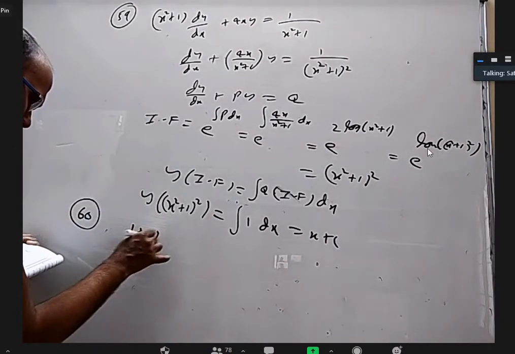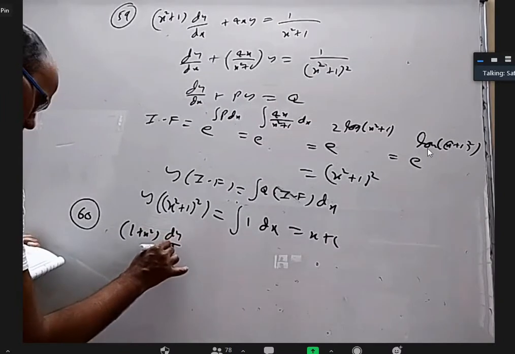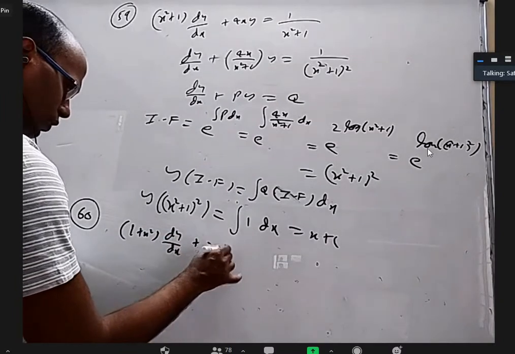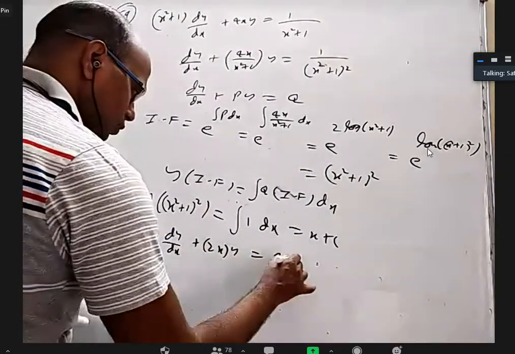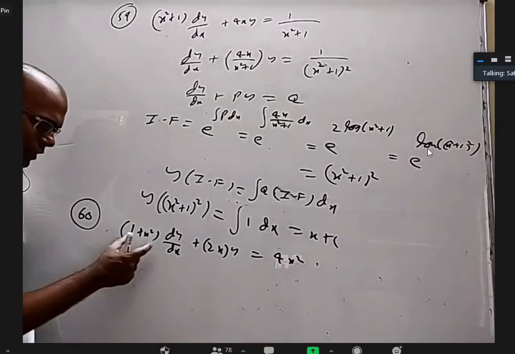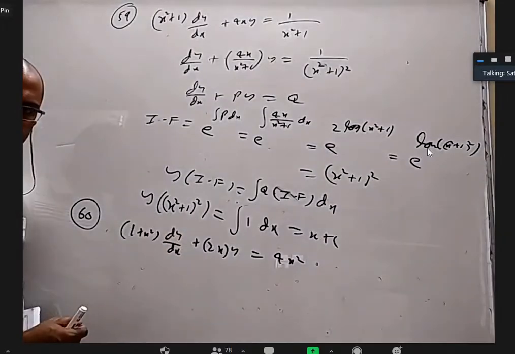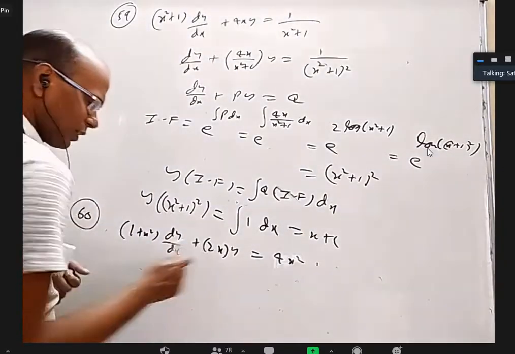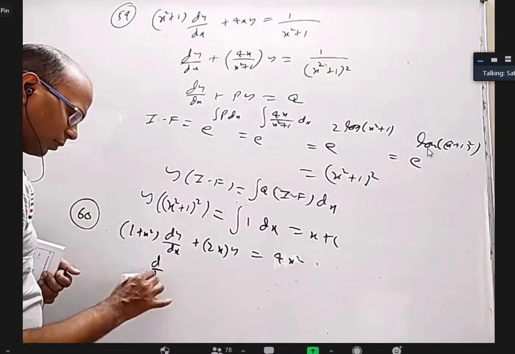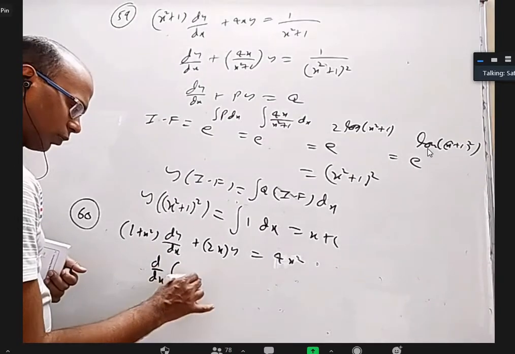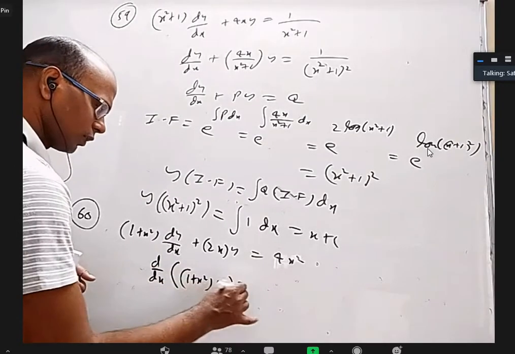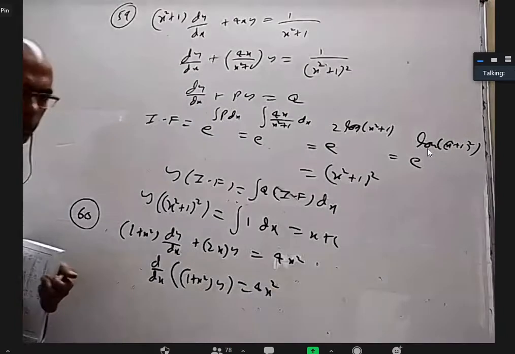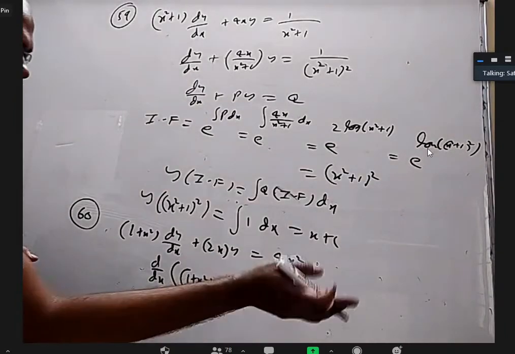(1 plus x square) dy by dx plus 2x into y equals 4x square. You can nicely see this is a derivative. 1 plus x square has derivative 2x. So actually LHS can be written as d by dx of (1 plus x square) into y equals 4x square. Send this dx and integrate it.